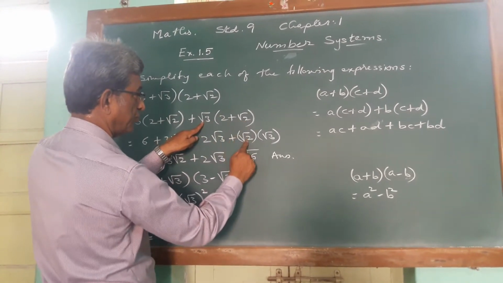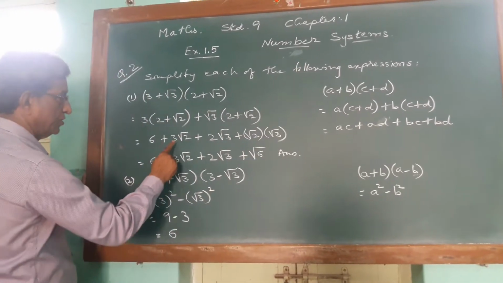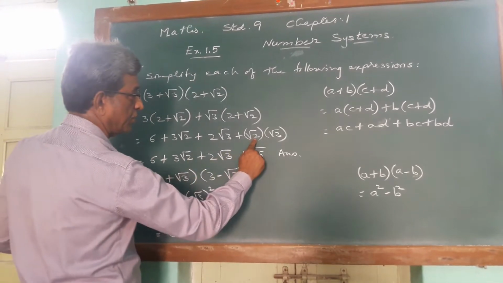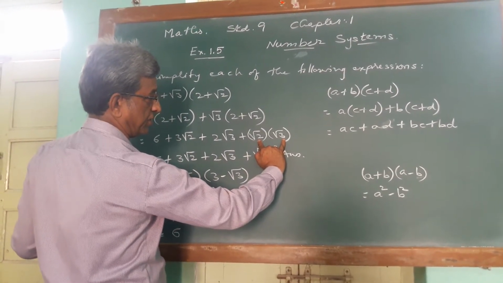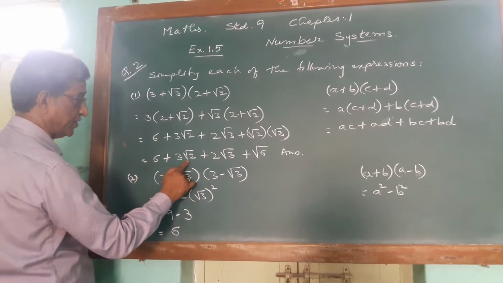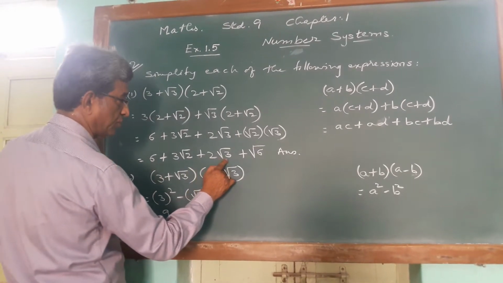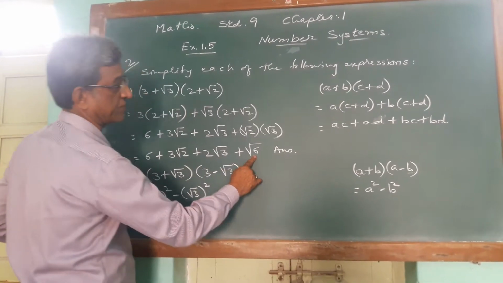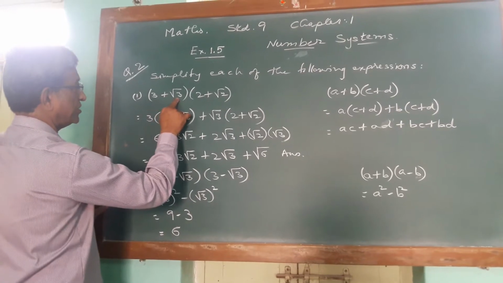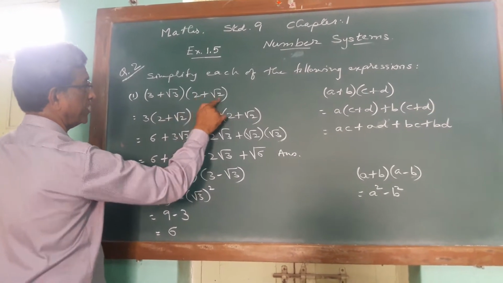Root 3 into root 2 gives root 6. Root 2 into root 3 will give you root 6. So the answer is 6 plus 3 root 2 plus 2 root 3 plus root 6. So this is the simplified form of 3 plus root 3 into 2 plus root 2.